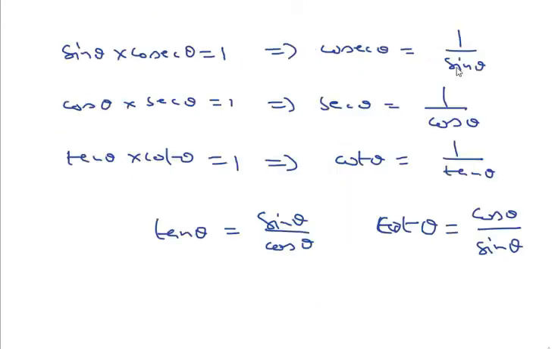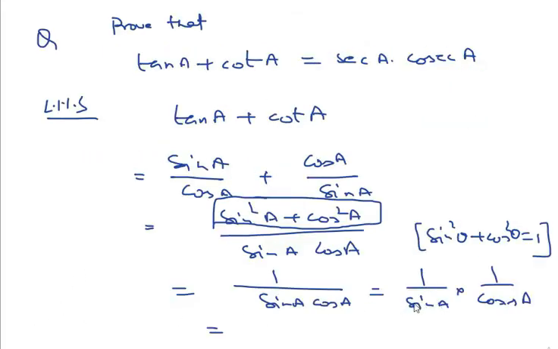Yes, 1 upon sin theta is equal to cosec theta and 1 upon cos theta is equal to sec theta. So 1 upon sin A will be cosec A and 1 upon cos A will be sec A, and you are getting your right hand side.